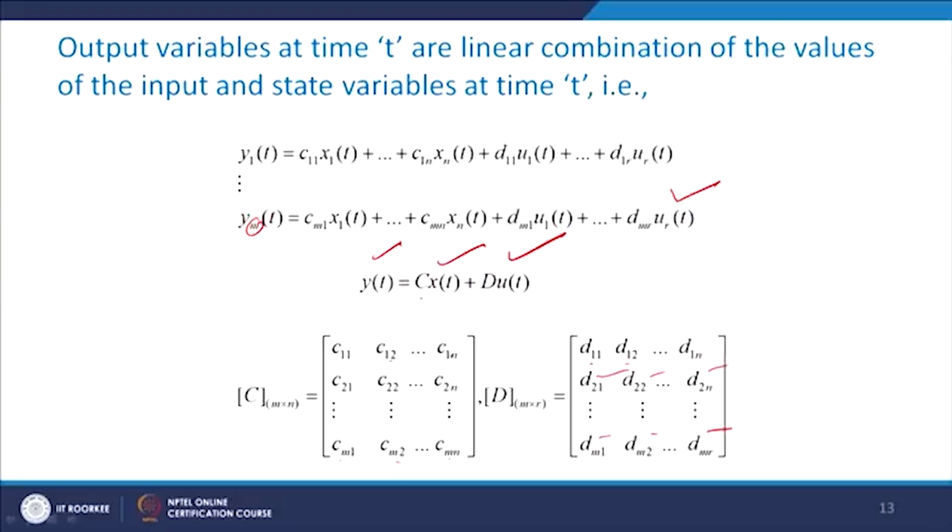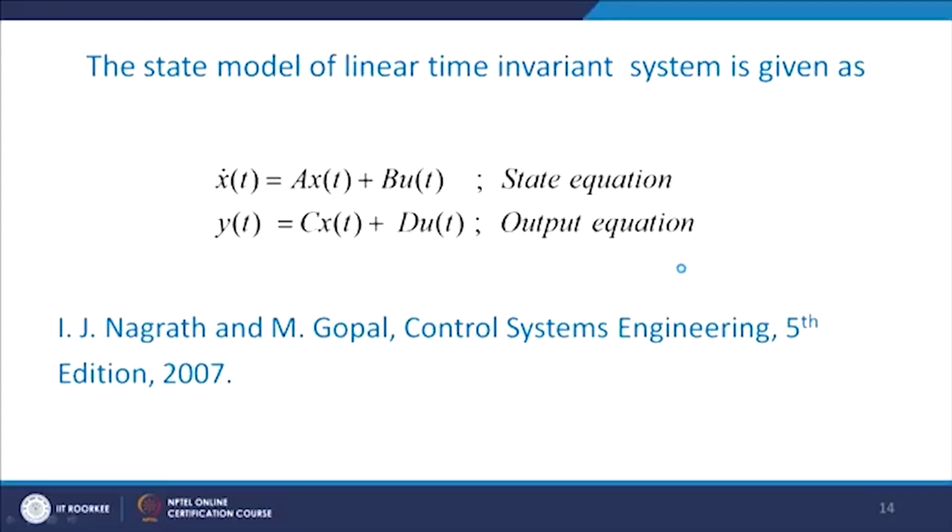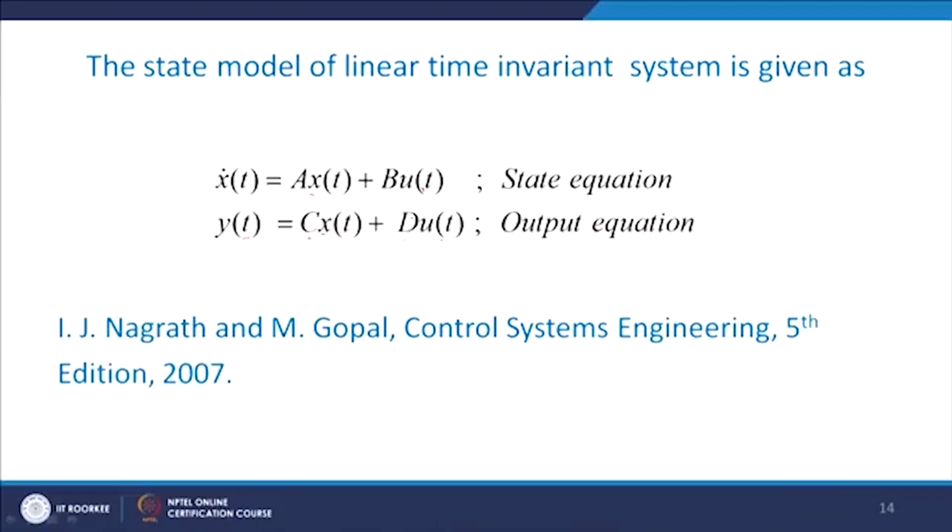C is nothing but your output matrix and D is the coupling between input and output. So the final state space model is x dot equals Ax plus Bu, y equals Cx plus Du, and as I told earlier, A is the system matrix, B is the input matrix, C is the output matrix, and D is the coupling matrix, coupling between input and output.